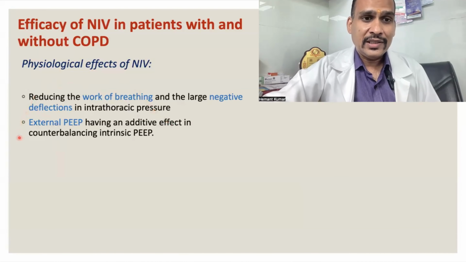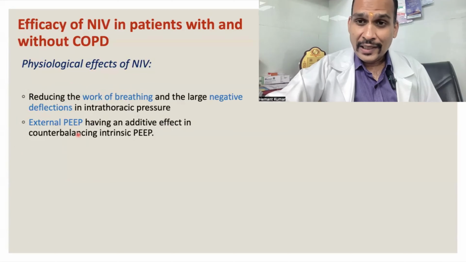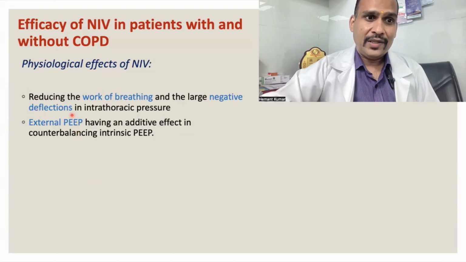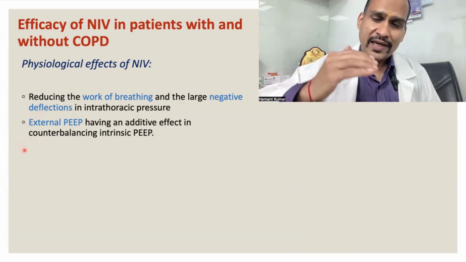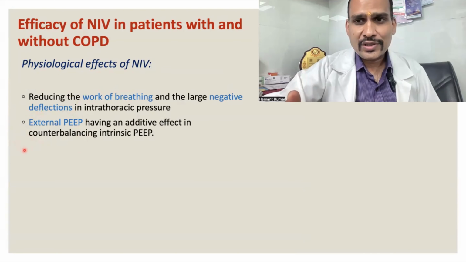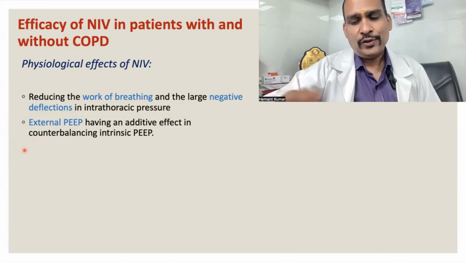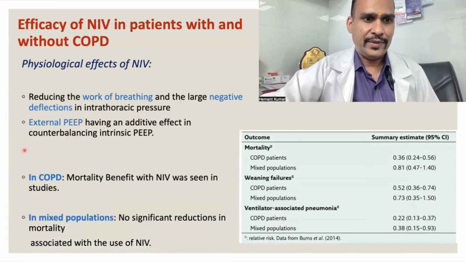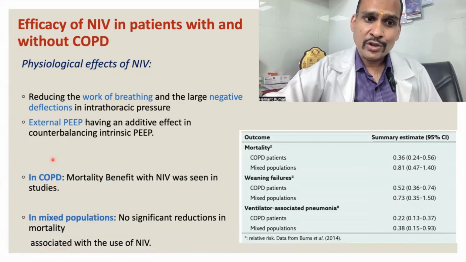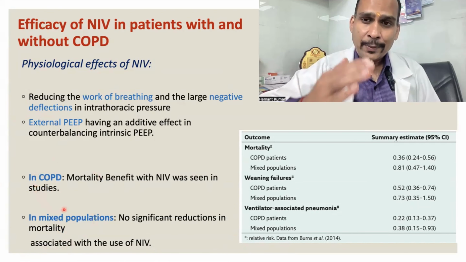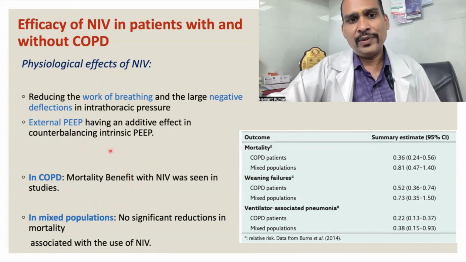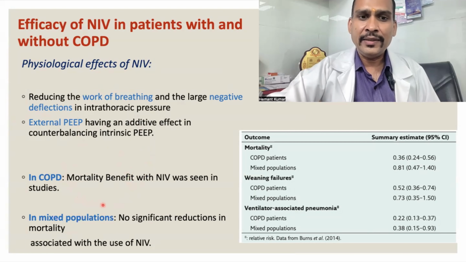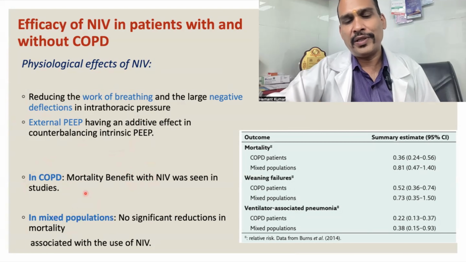And one more thing, by NIV or by CPAP, we are giving external PEEP. And once we give external PEEP, it will reduce intrinsic PEEP. So this is the benefit of giving NIV. Okay. So in cases of COPD, where type 2 respiratory failure is there, NIV is reducing mortality. So there will be a mortality benefit with NIV in case of COPD.